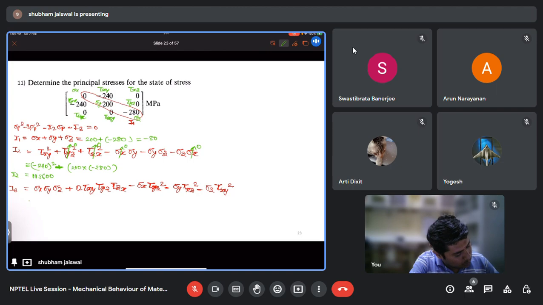So now put the value here. As sigma x is 0, this whole term becomes 0. Here yz is 0, this whole term is 0. Here also sigma x is 0.